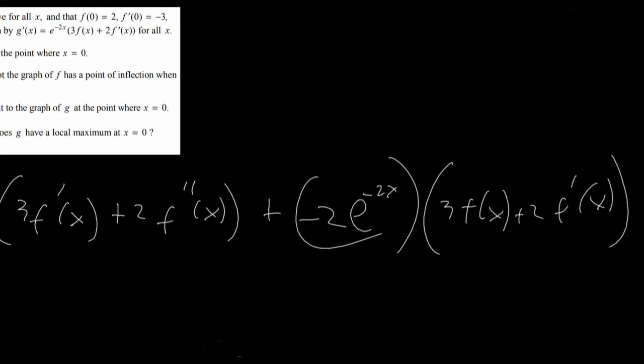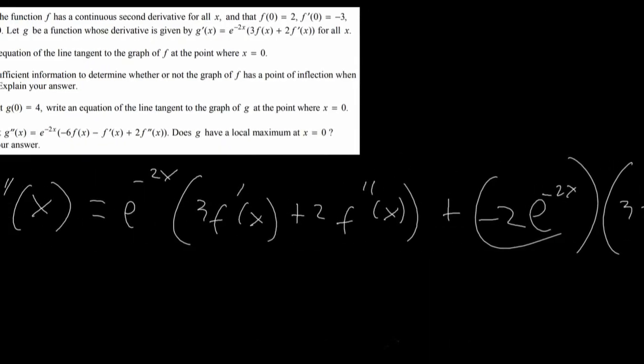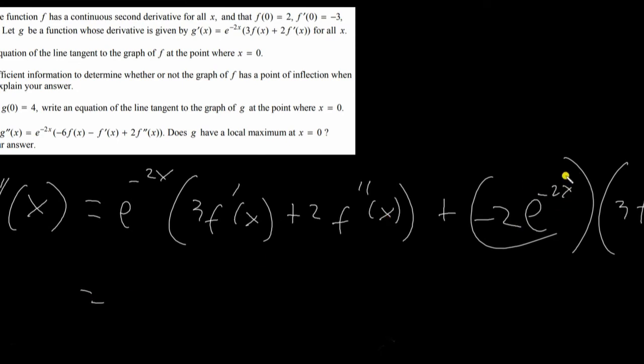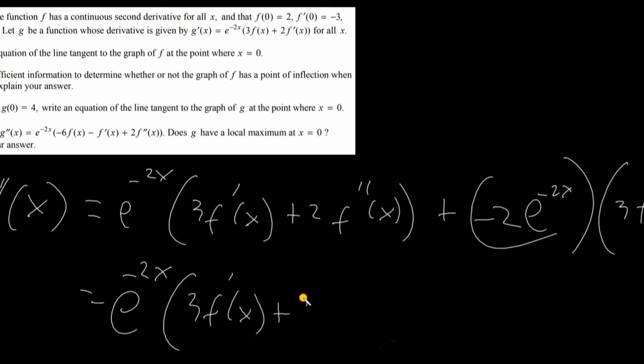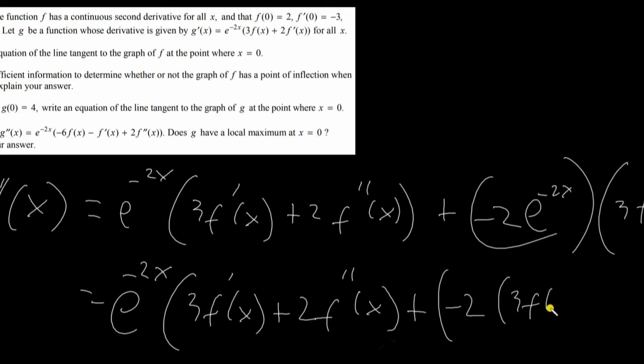And now it's just a matter of simplifying this long guy here. I can have an e to the negative 2x here, and e to the negative 2x here. So I'm just going to pull that out completely. I'll get e to the negative 2x, and then left over I'll have 3 f prime of x plus 2 f double prime of x plus negative 2 times 3 f of x plus 2 f prime of x. Can I squeeze it in there? Yes, I can.